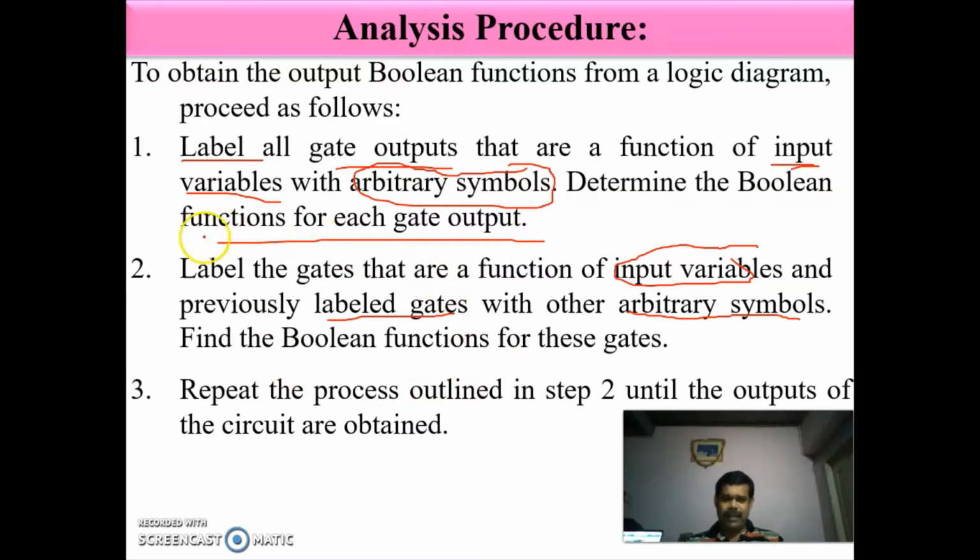Then we have to repeat the process outlined in step 2. We have to repeat the process in step 2 until the outputs of the circuit are obtained. So we have to repeat this process until we are getting the final output of the circuit. Till then we have to find the Boolean expression of individual gates.